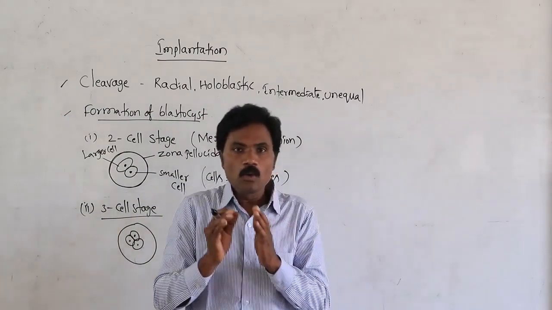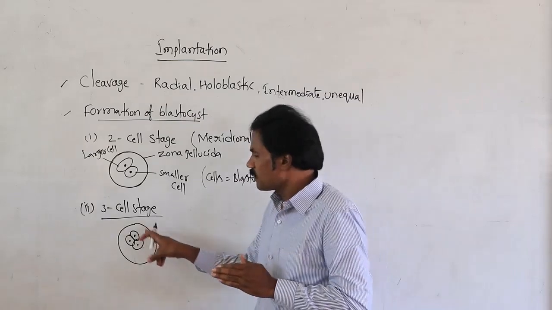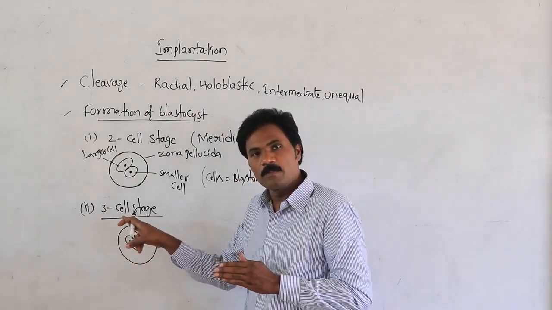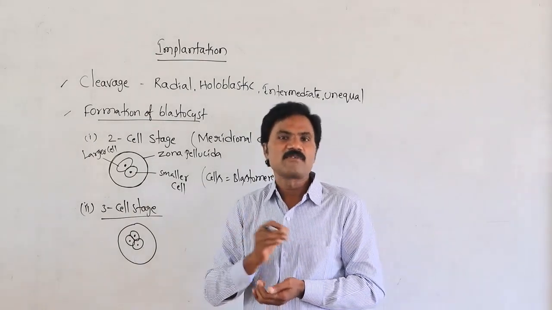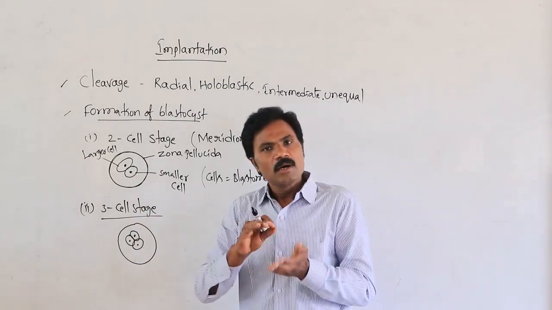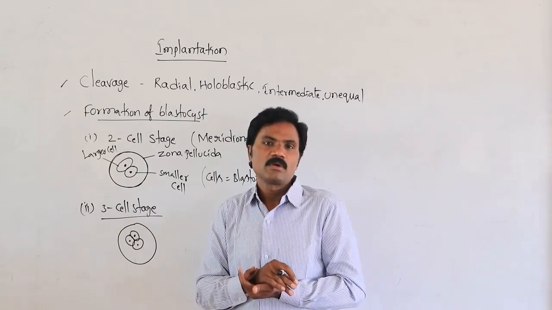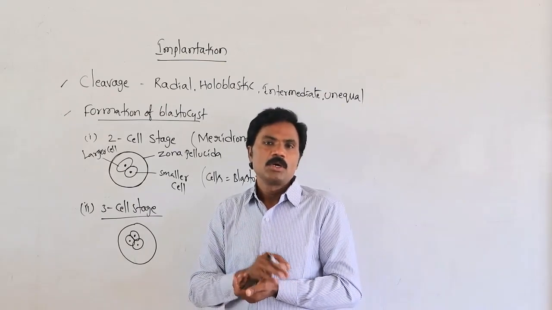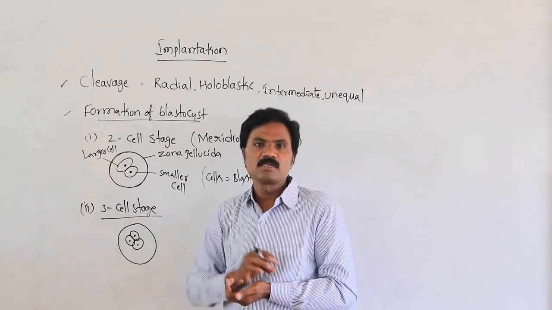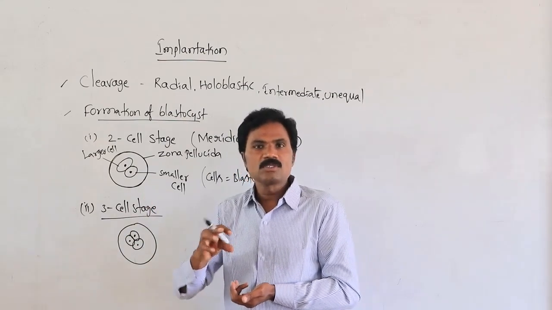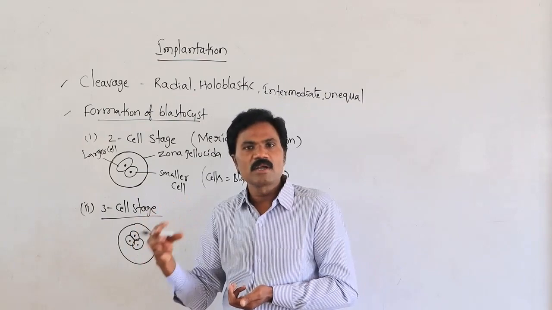Why? Because after completion of the 3 cell stage, it pauses for a certain period of time. After that, vice versa. That means alternatively, both the larger cell as well as the smaller cell undergo continuous mitotic division.